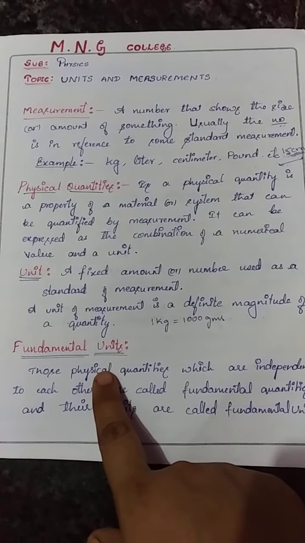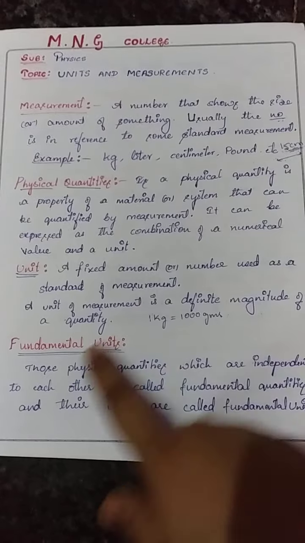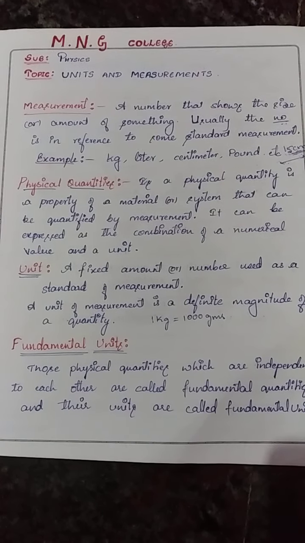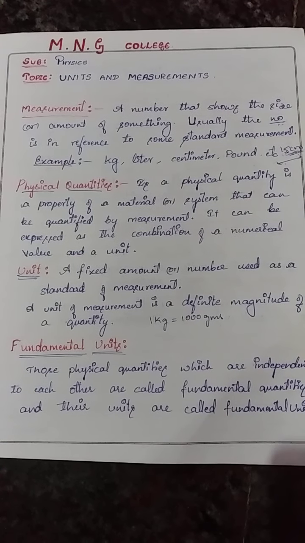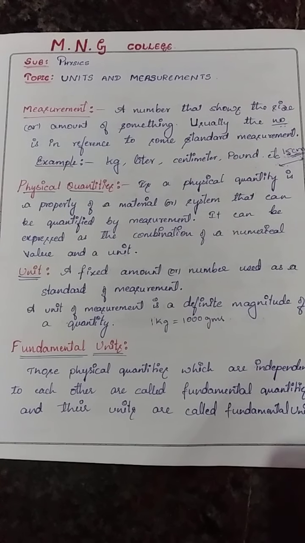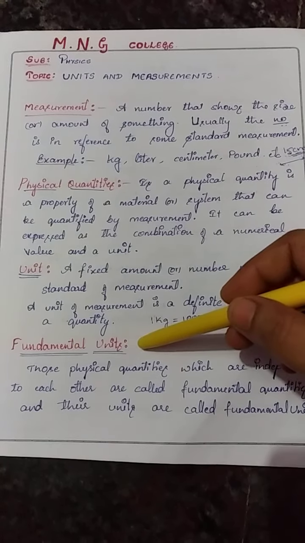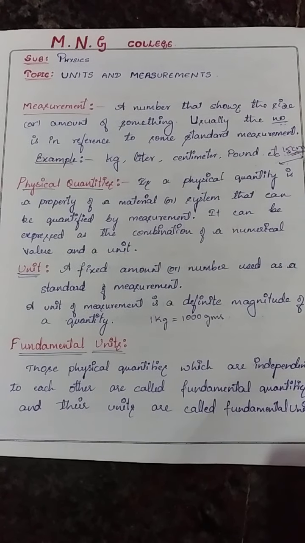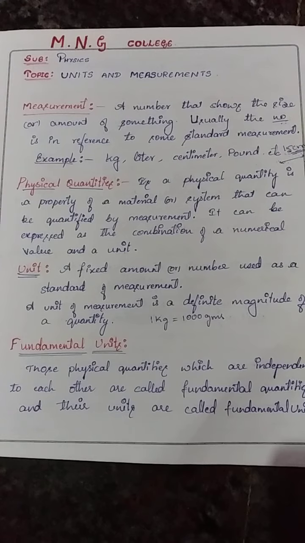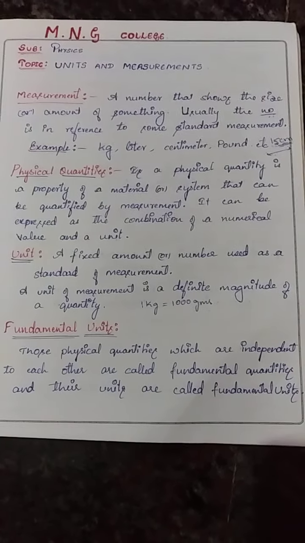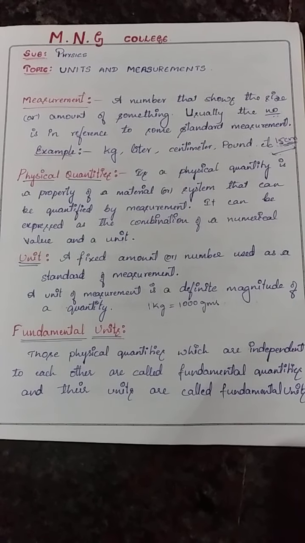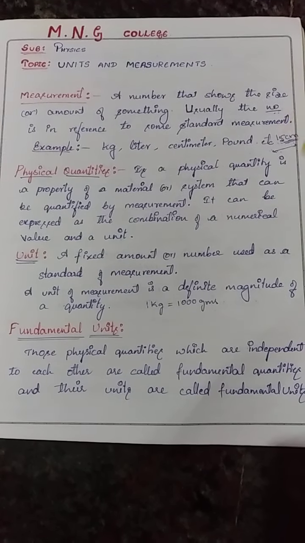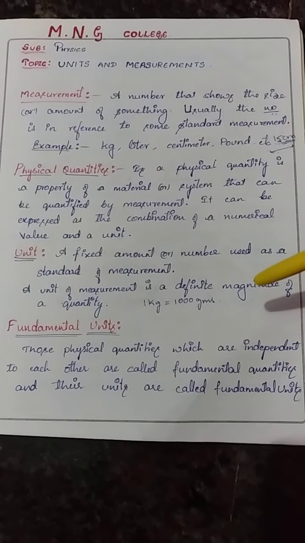Next, there are two types of units. One is the fundamental unit, another one is the derived units. What is a fundamental unit? It is a basic unit. Those physical quantities which are independent of each other are called fundamental quantities, and their units are called fundamental units.